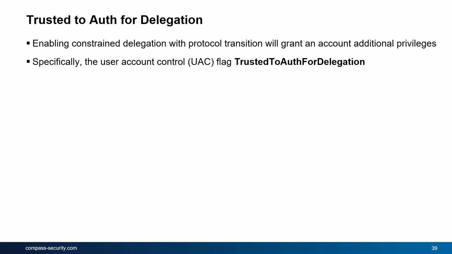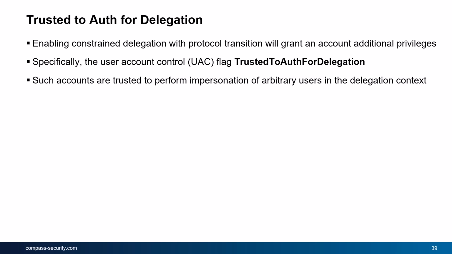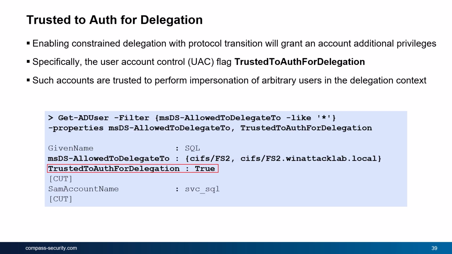This is part of the user account control, so it is a flag within this data structure, and every account that has this flag set can essentially perform the impersonation of any arbitrary user in a Kerberos delegation context. So that's what you also can query for. We've seen that in the first example. The TrustedToAuthForDelegation property will then tell you whether or not this right is granted to the respective account.